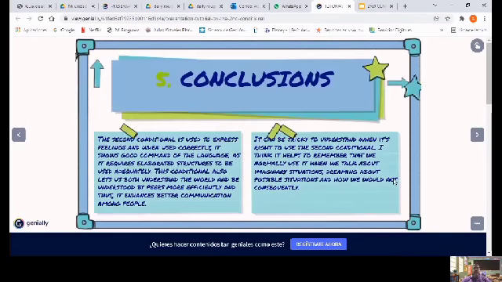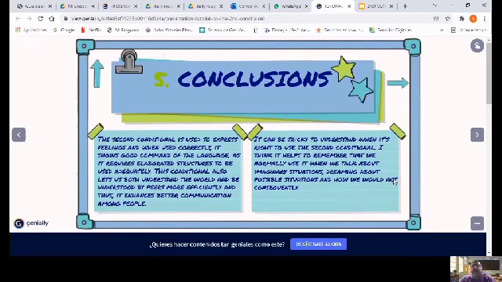Okay. And finally, what can we conclude with this tutorial? We can say that the second conditional is used to express feelings, and when used correctly, it shows good command of the language, as it requires elaborate structures to be used adequately. Okay, this conditional also lets us understand others and be understood correctly.